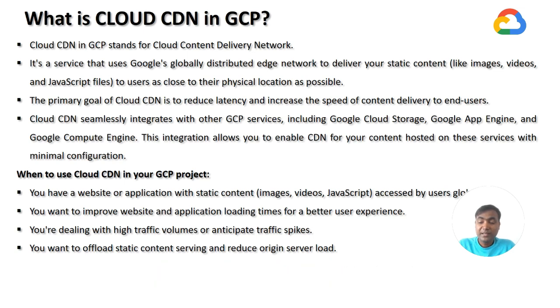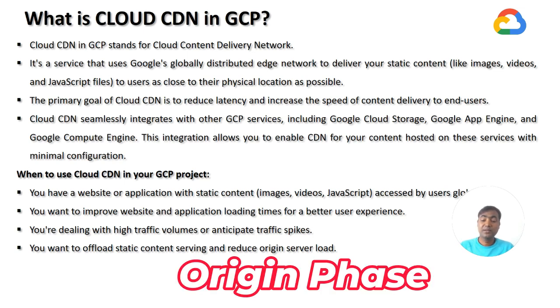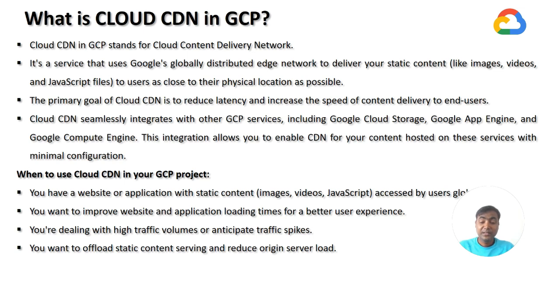Content delivery means if the requested content is available in the cache at the edge location, it is served directly to the user, significantly reducing latency. And the origin fetch means if content is not cached, Cloud CDN fetches it from your origin server and caches it at the edge location for future requests.